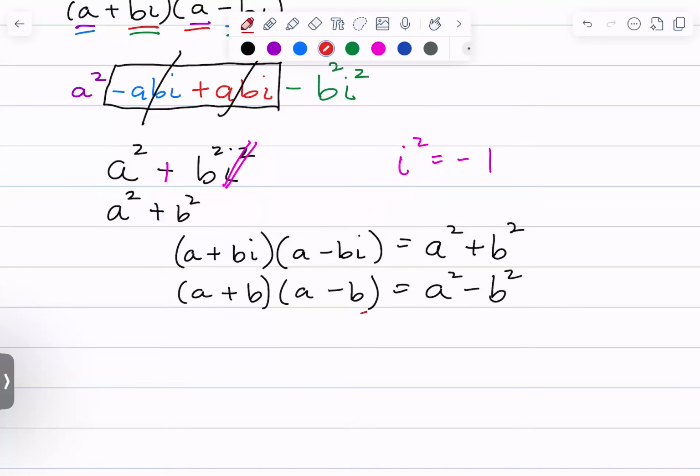These two terms here are called conjugates.